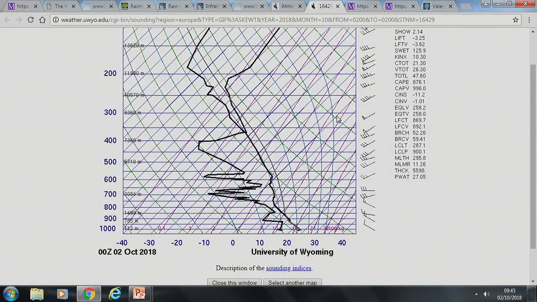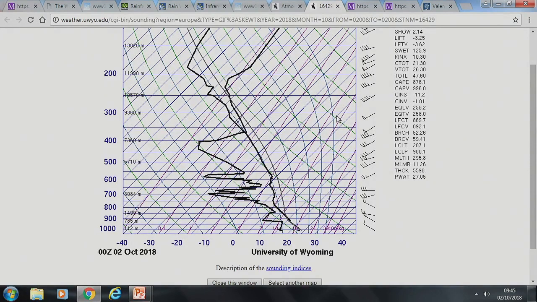Its lifting condensation level is going to be somewhere around here. These are the mixing ratio lines. And so all of this part of the profile, your CAPE is something like this. All of this part of the profile is convectively unstable.